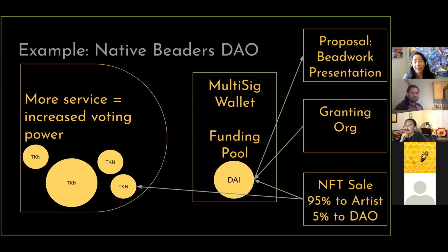So for instance, say if we created something for the native beaders, one thing that they could do is have something like a beadwork presentation proposal, and then a granting org would put money into the funding pool. You would pay out to these proposals that are voted on, and maybe even have NFT sales of the beadwork in which 95% goes to the artist itself, and then 5% back to the funding pool.